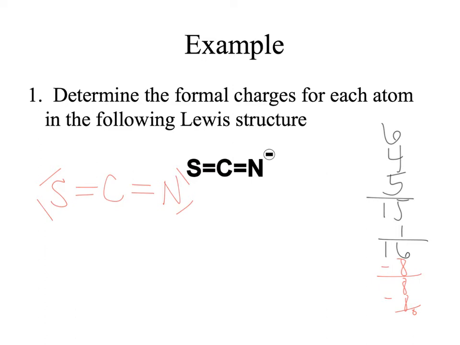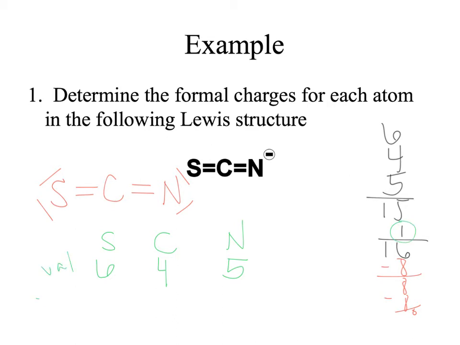So now we're going to evaluate the formal charge on the sulfur, carbon, and nitrogen. Sulfur has a possible 6 valence electrons. Carbon has a possible 4. Nitrogen has a possible 5. Something's going to have an extra electron because we added 1 here. So these are the valence electrons.